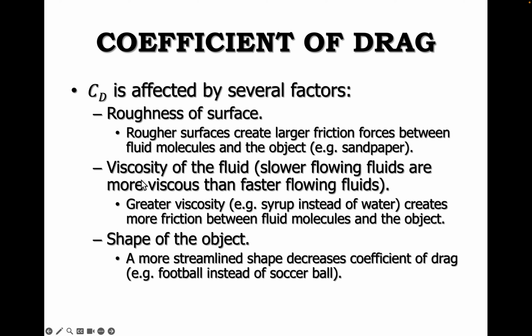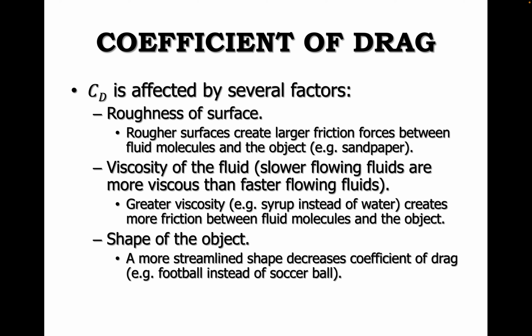Number two, viscosity of the fluid. Slower flowing fluids are going to be more viscous than faster flowing fluids, meaning fluids that can move very quickly are going to be less viscous than fluids that move very slowly. An example of this might be comparing water to syrup.